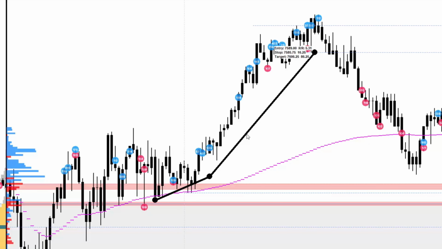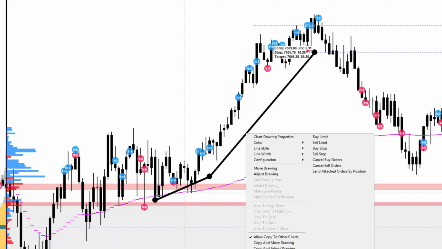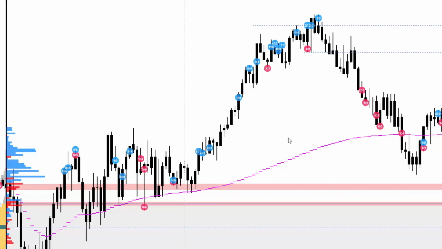Of course, you will choose how to manage your position. These are just ideas that you can use, but you can have a fixed one-to-one risk reward. Of course, you will have a higher win rate. You can have a 1-to-2, 1-to-3, 1-to-4, but of course, the more risk reward you have, the lower the win rate you will have, all right? Of course, these things will balance themselves, all right?